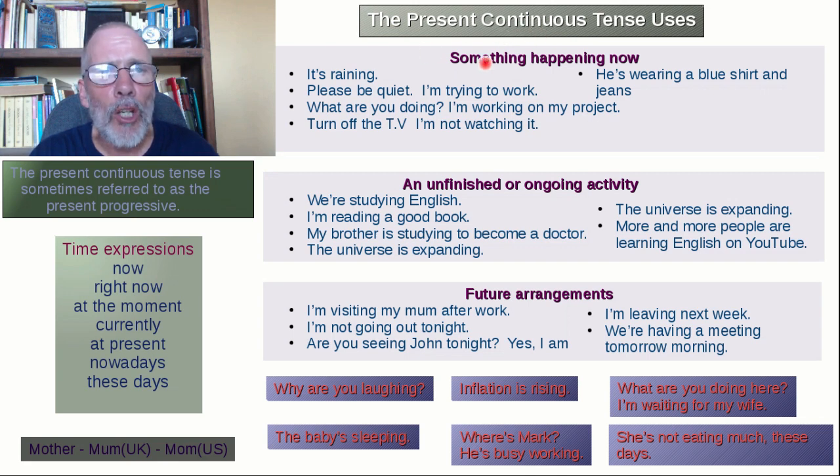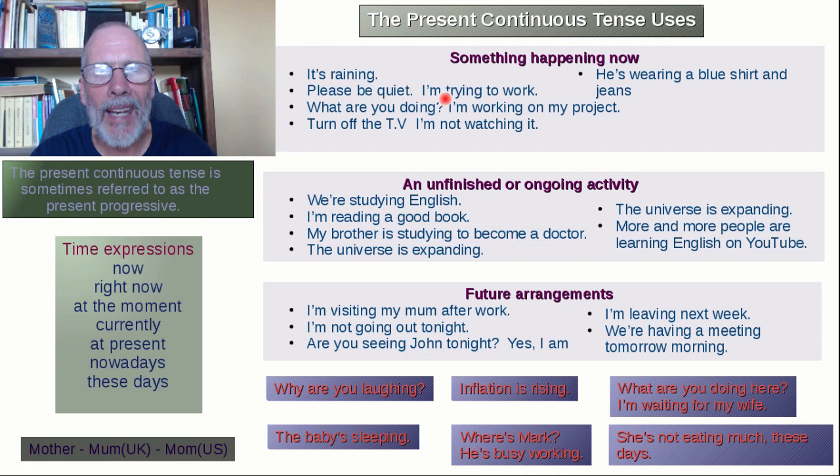So the main use of the present continuous tense in English is to talk about something happening now. It's raining. If I say it's raining, it means it's raining now. Water is falling from the sky at this moment. Please be quiet. I'm trying to work.